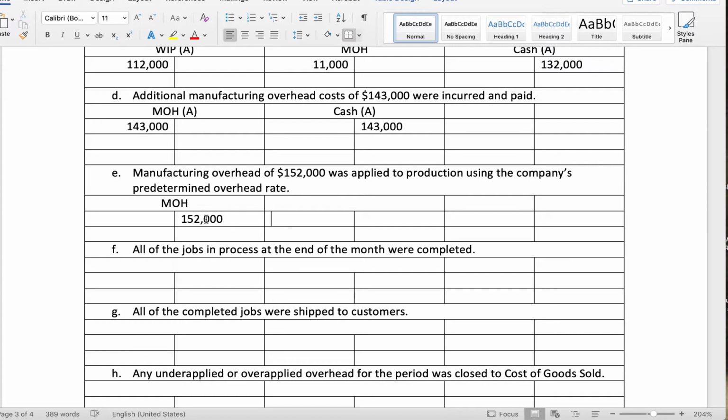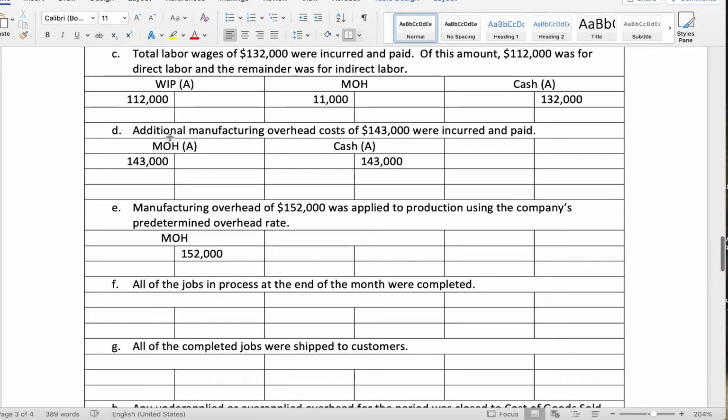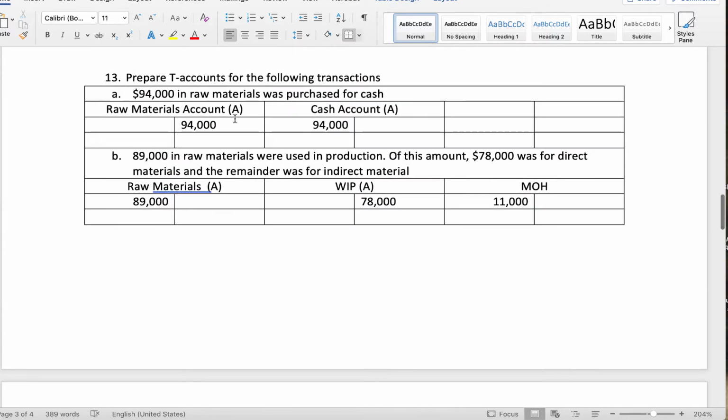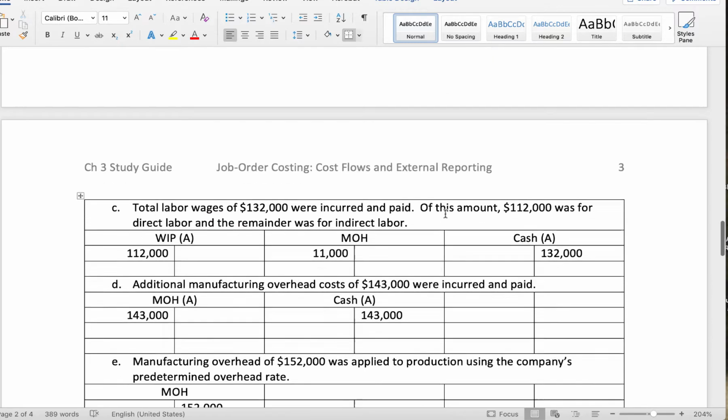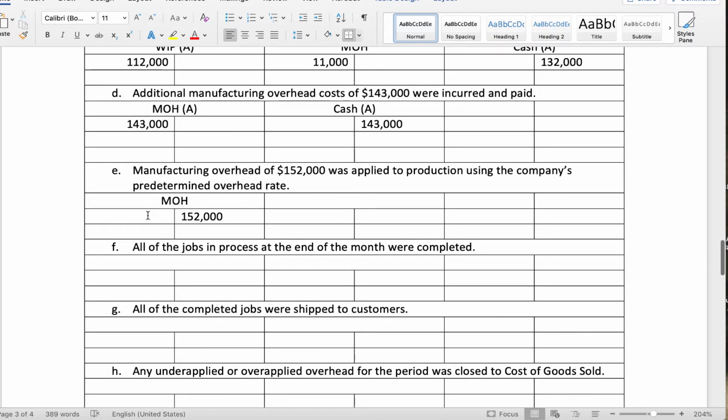What we're doing is keeping track of everything we actually incur on the left side of the transaction, which is the $143,000 from D, the $11,000 from C, and the other $11,000 from B. Okay, so all that is on the left side.